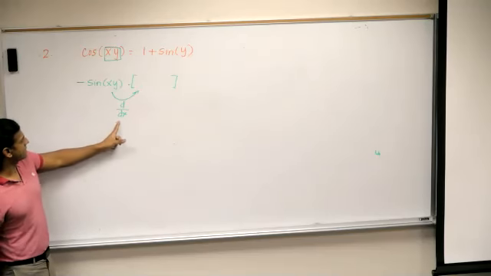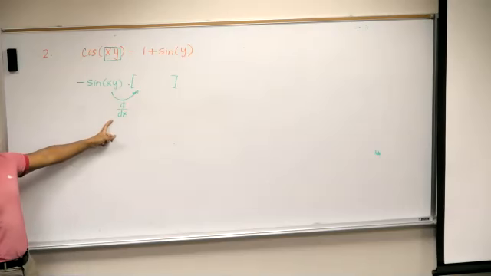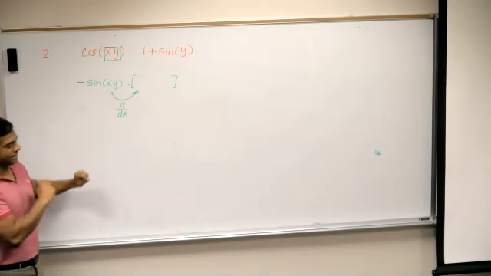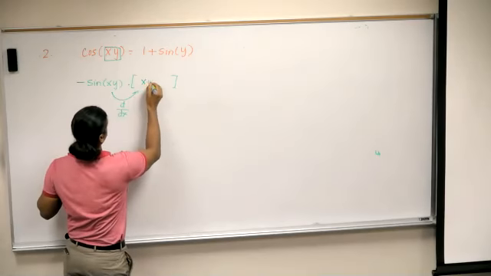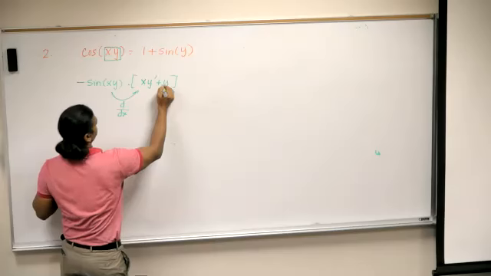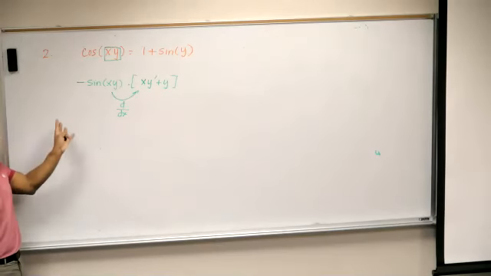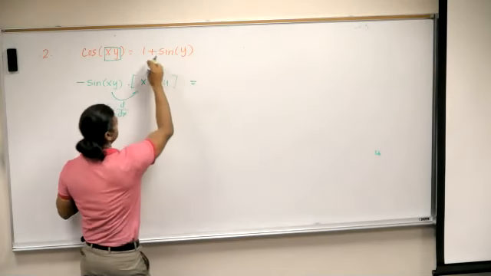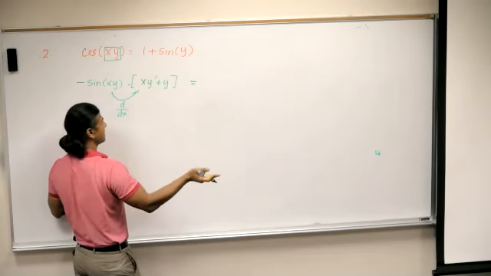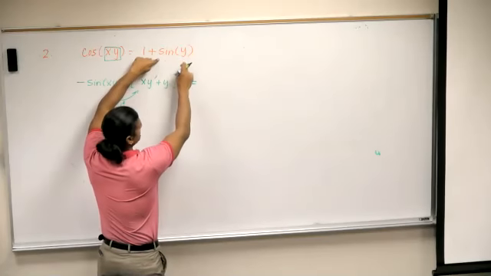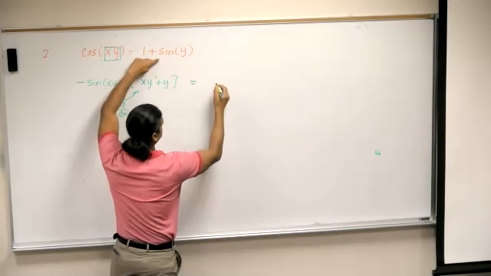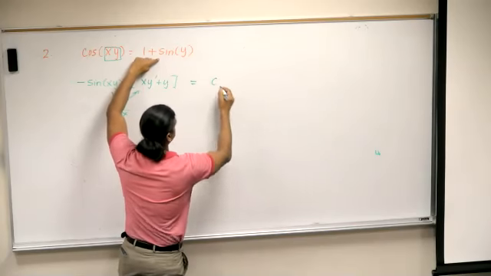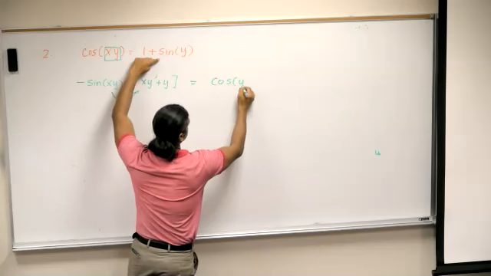What is the derivative of xy with respect to x? We did this in the last problem and the one before. xy prime plus y. Good. Left hand side. Right hand side, derivative of 1 is 0. Derivative of sine y, if you treat y as x, is cosine y.